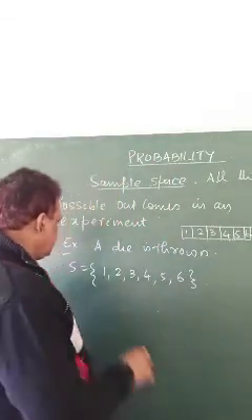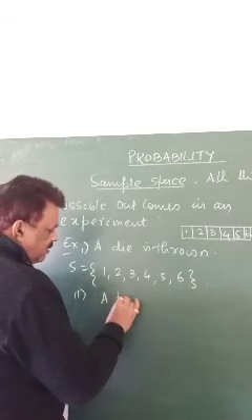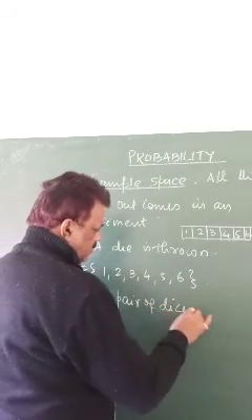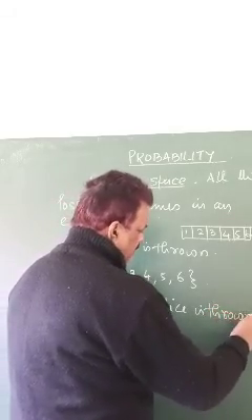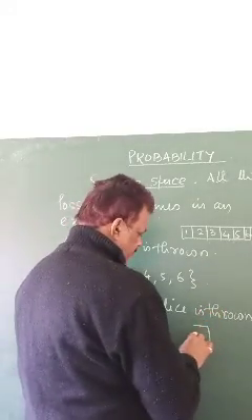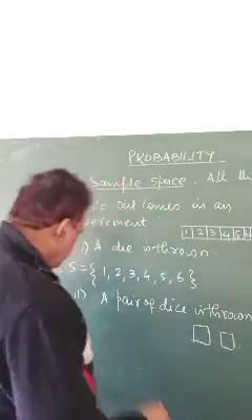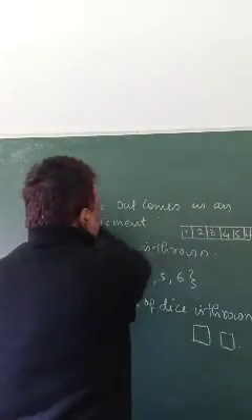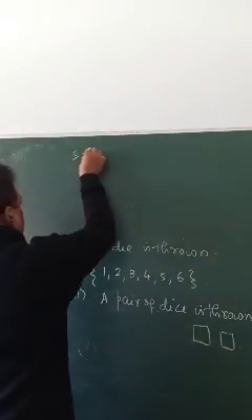Okay, suppose a pair of dice is thrown. A pair of dice is thrown, meaning die 1, die 2. For that, what will be the sample space? S will be like this.